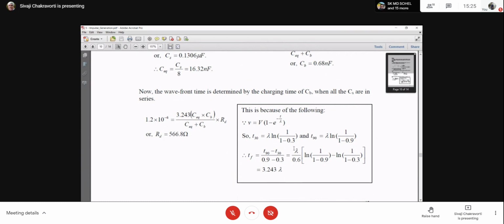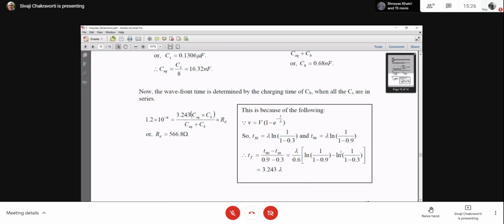That means v, the voltage across CB, will be V, the DC voltage appearing across CS, times 1 minus e to the power minus t by lambda, where lambda is the time constant.